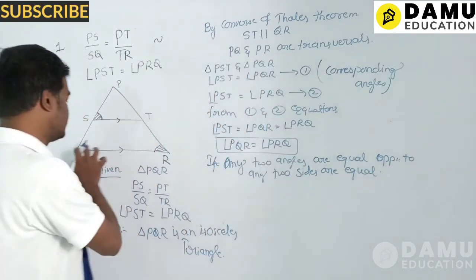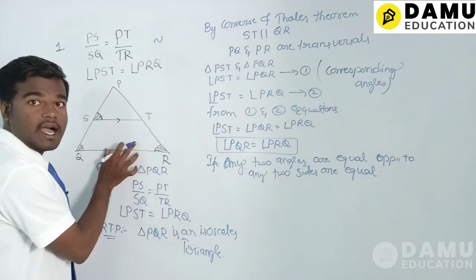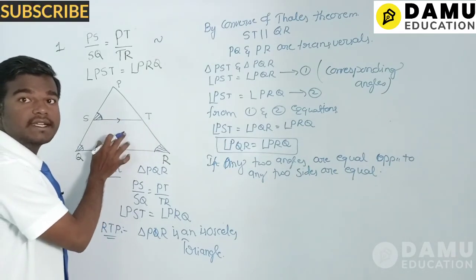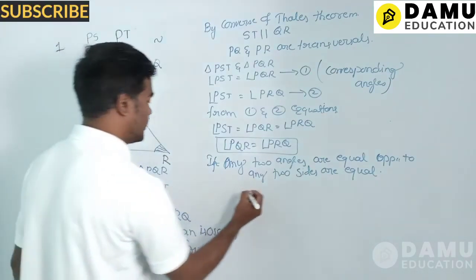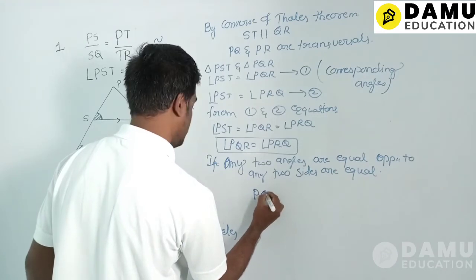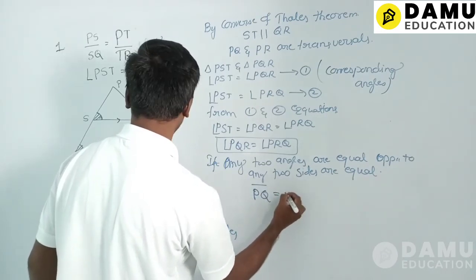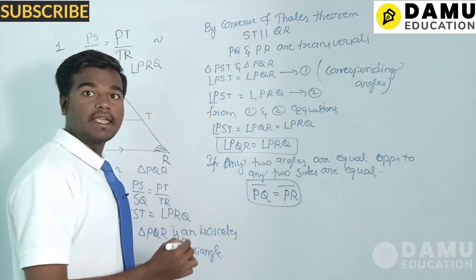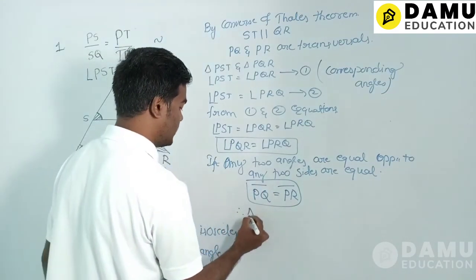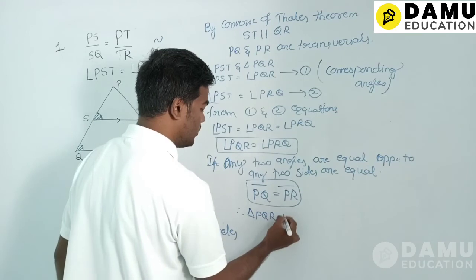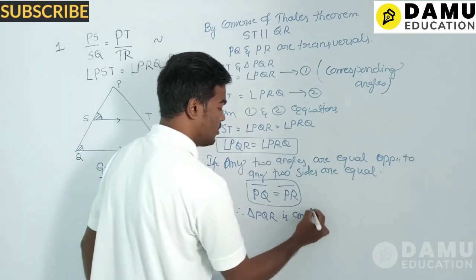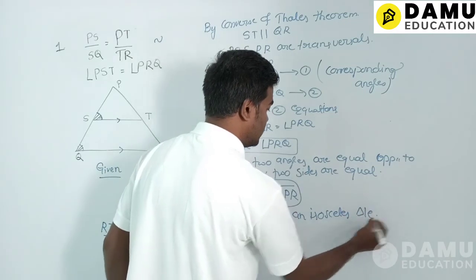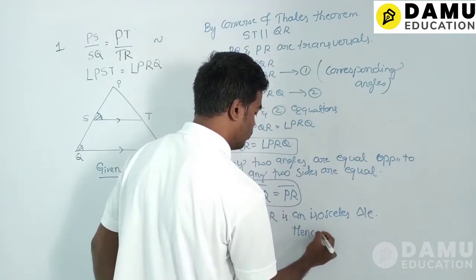So if two angles are equal, these two angles are opposite to two sides, which means those two sides are equal. Then we can write PQ is equal to PR. Therefore, triangle PQR is an isosceles triangle. Hence proved.